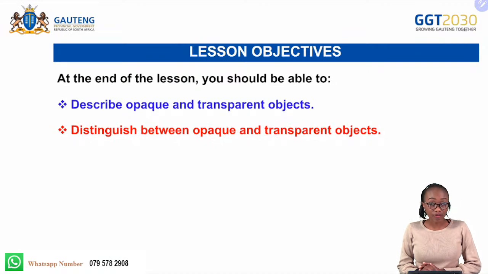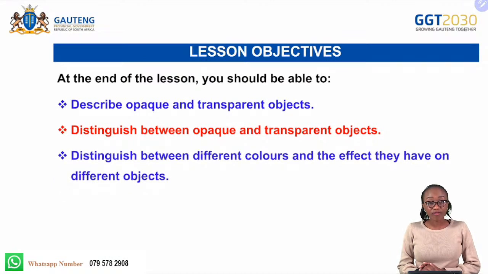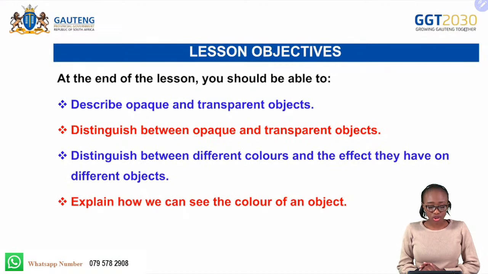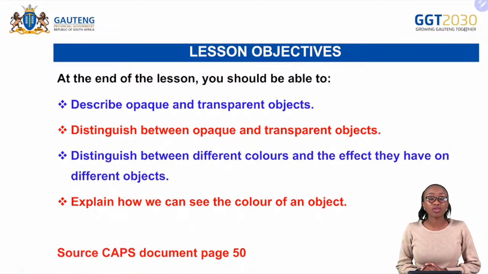So we need to know the differences between the two, and then distinguish between different colors and the effects they have on different objects. And then lastly, we need to explain how we can see the color of an object. All of this is sourced from the CAPS document on page 50. So you can go right on and look at the CAPS document. You'll find these points on page 50.